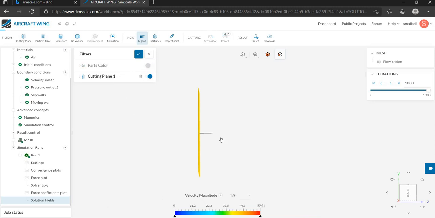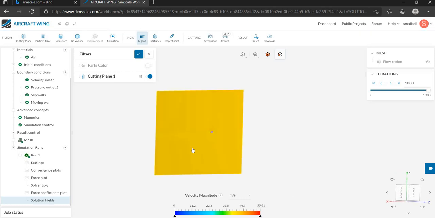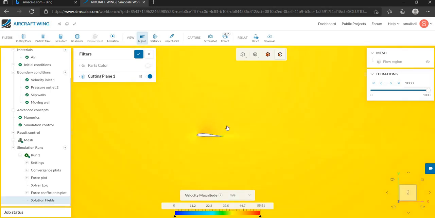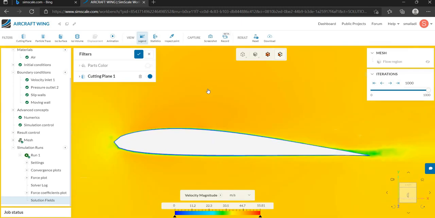Disable parts color. This is the velocity magnitude contour plot of the aircraft wing.